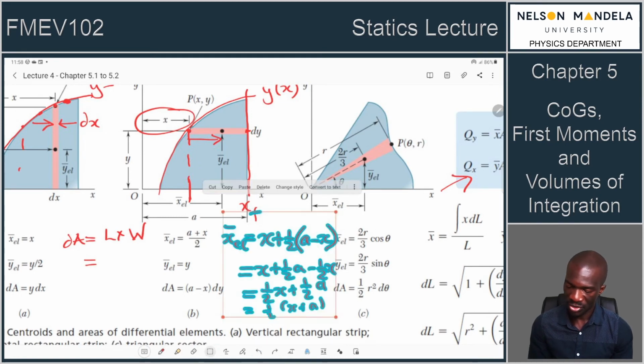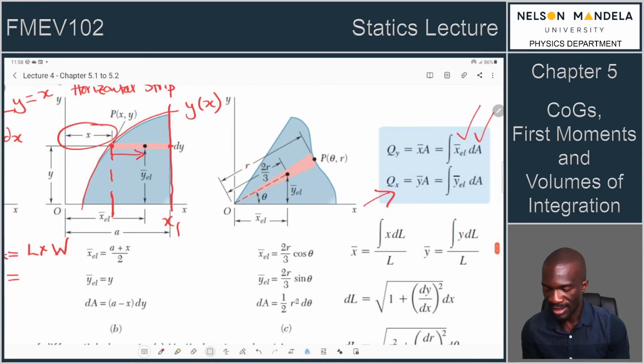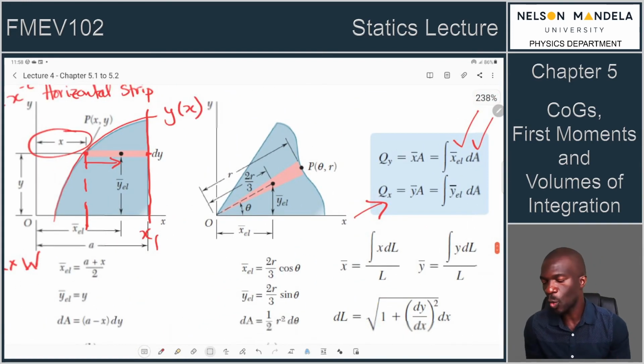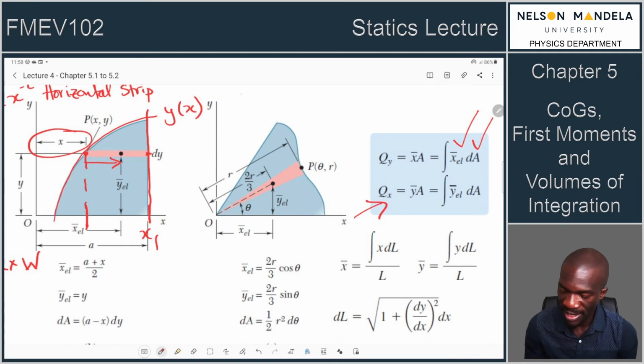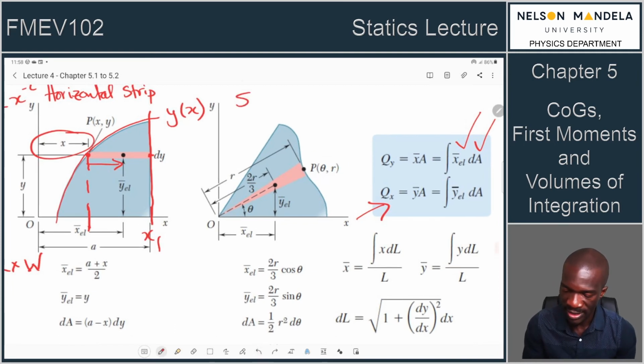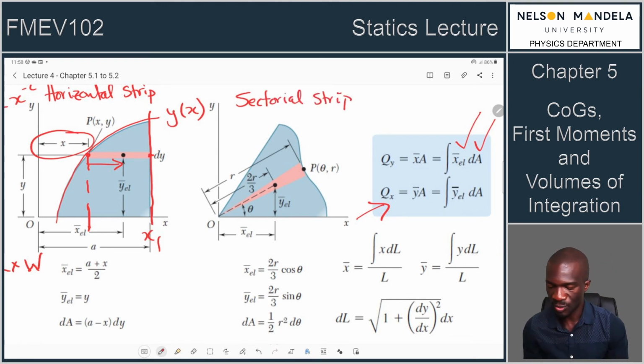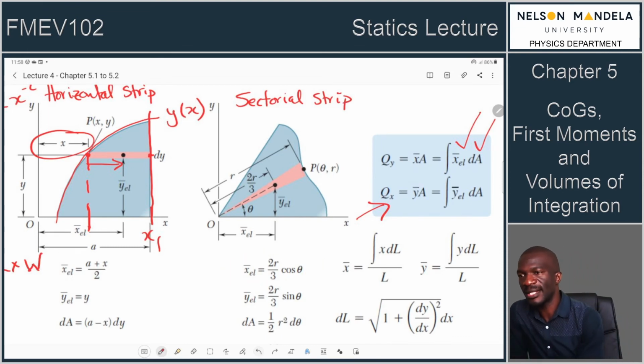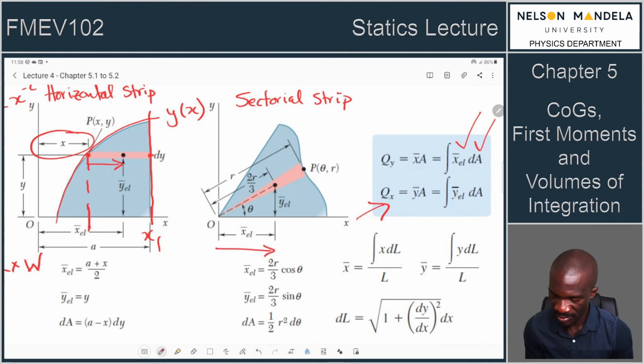Right, let me just take this away. The last one is a sectorial strip. So a sectorial strip would make use of polar coordinates. So that's your sectorial strip. I think now that you're used to it, you can tell that your x element is simply the x position.